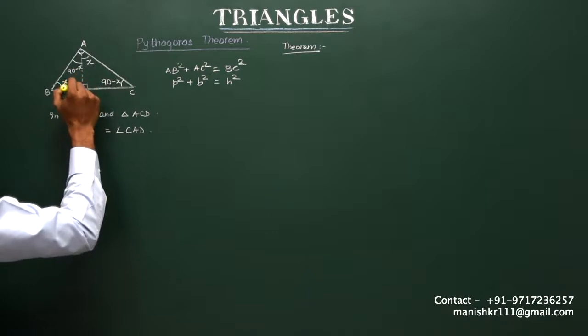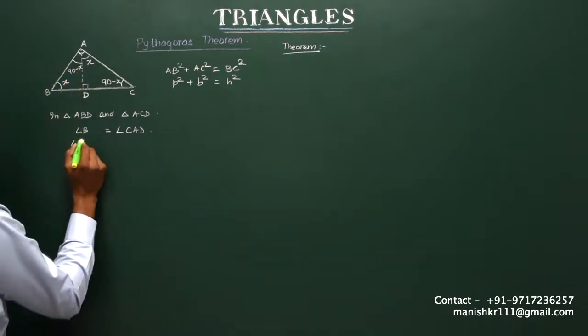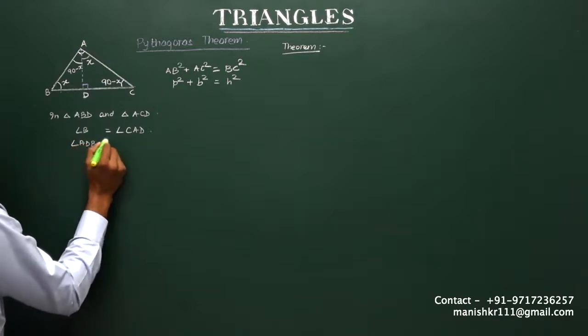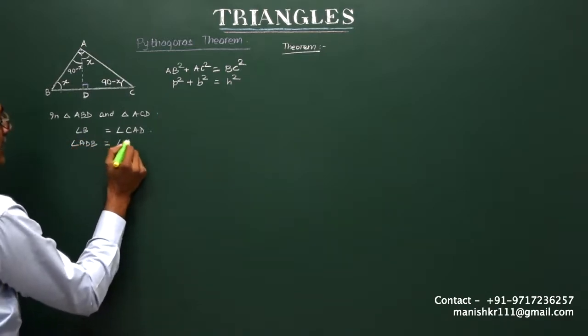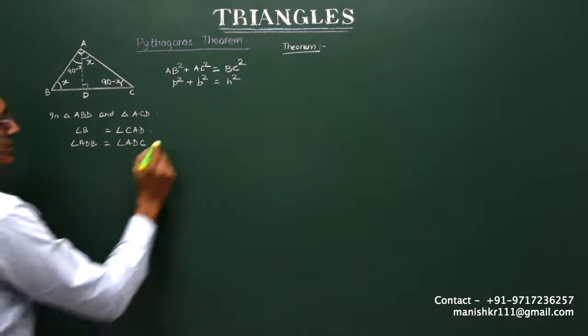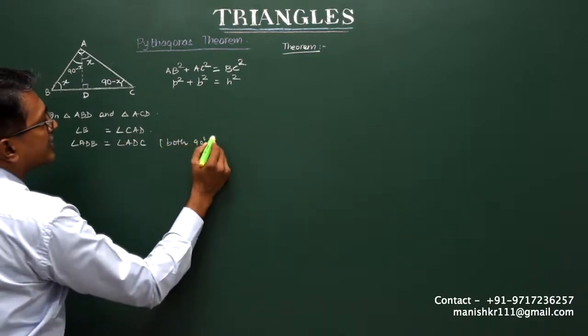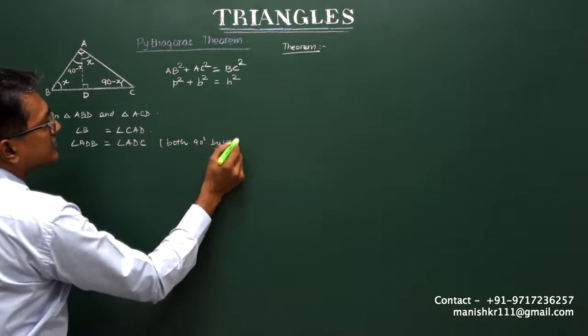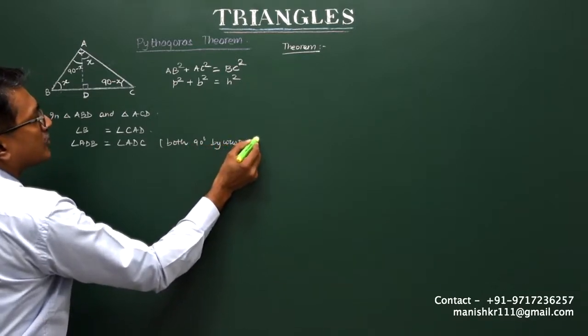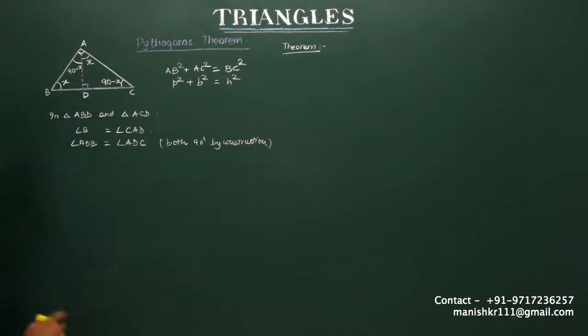And obviously this angle is 90 degrees, so angle ADB is equal to angle ADC. Both are 90 degrees by construction, is it not? So they are 90 degrees by construction.